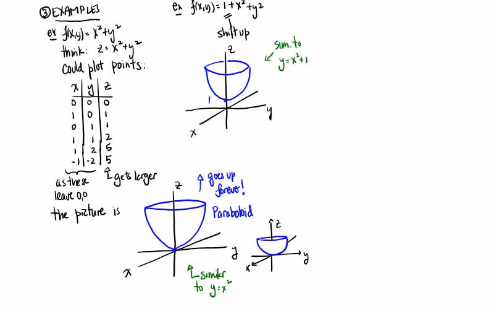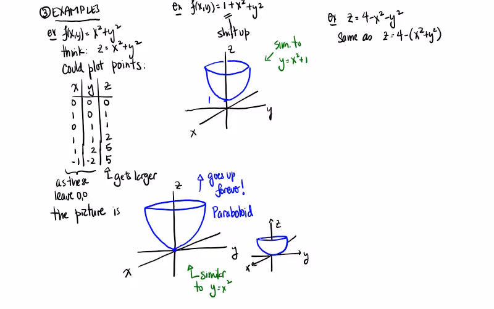So let me do 2 more. We'll do, and this one I'll put z. Again, same as doing f of xy. Doesn't really matter, won't change anything in that sense. So I'll do, say, 4 minus x squared minus y squared. This is the same as z equals 4 minus parentheses x squared plus y squared.